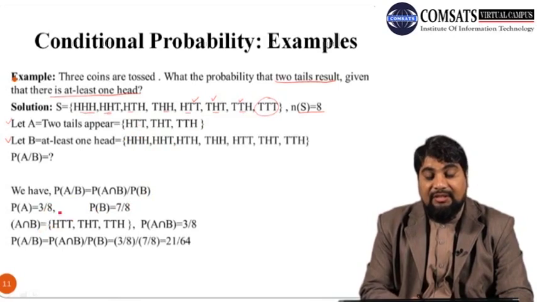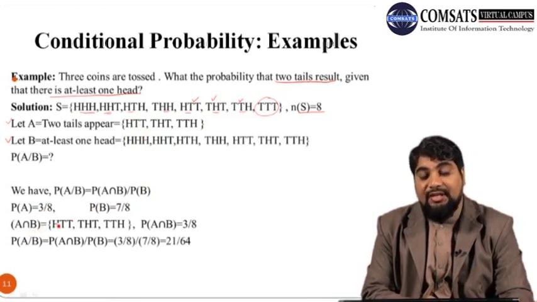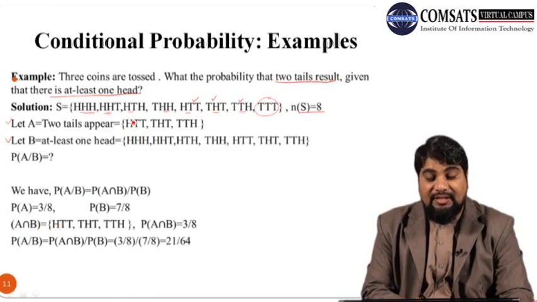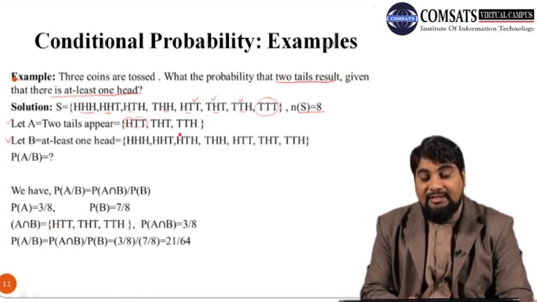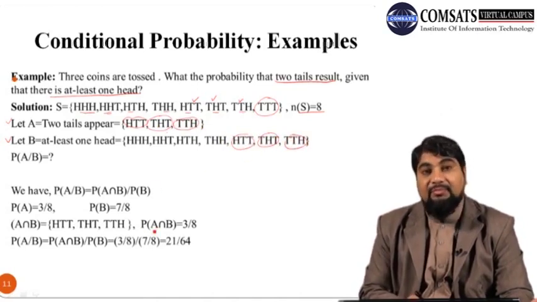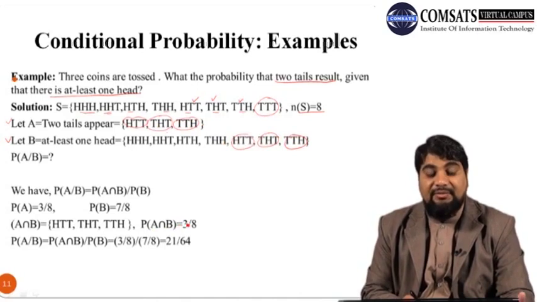A intersection B means the common points to A and B. You can see that this point HTT is occurring here, then THT, and then TTH. So all 3 are common. So the probability of A intersection B is 3 out of 8.